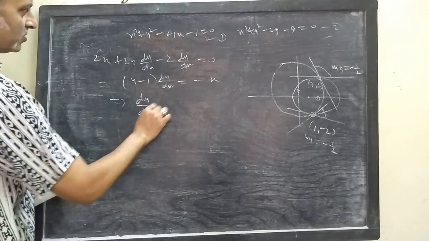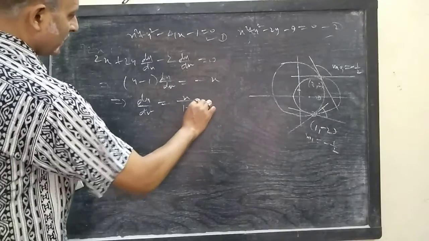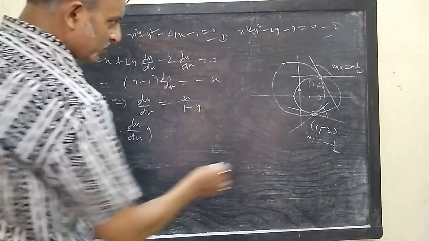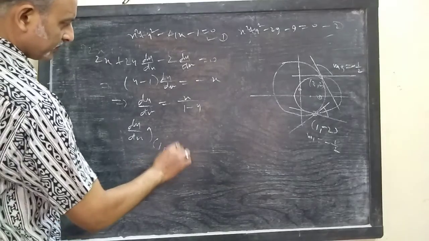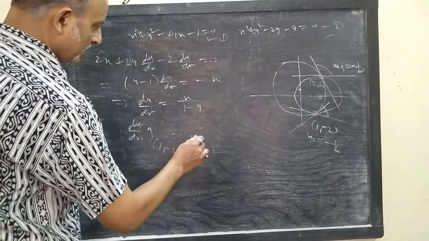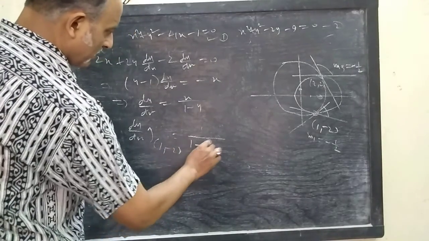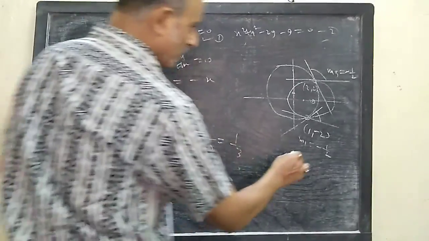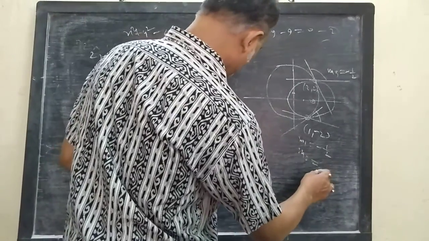That implies dy dx equals to x by 1 minus y. Now dy dx at this point say 1 comma minus 2, 1 by 1 minus minus 2, that becomes 1 by 3. So here other slope becomes 1 by 3.